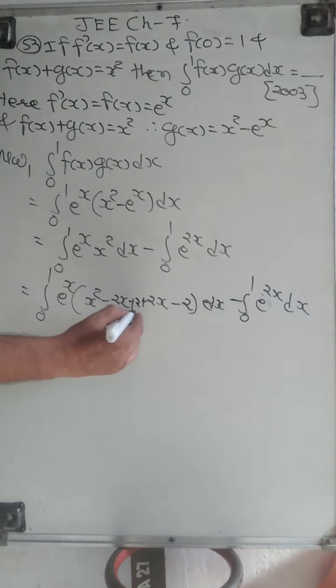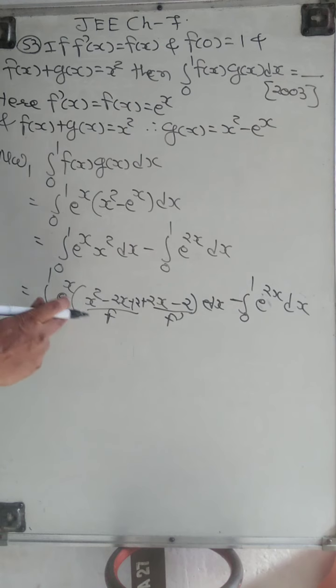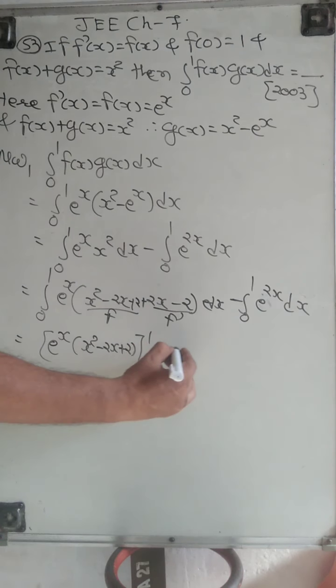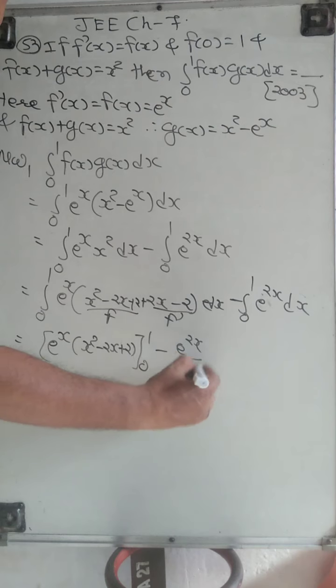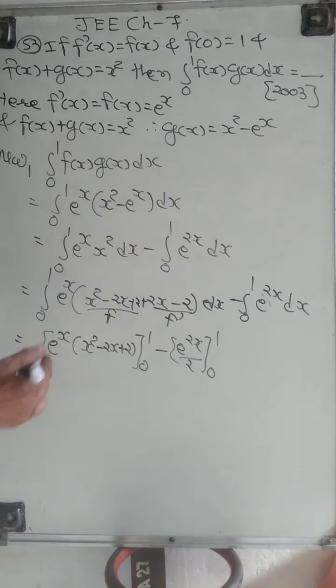So we have, this is function and this is its derivative, right? So here we directly put e raised to x into (x square minus 2x plus 2), 0 to 1, minus e raised to 2x by 2, 0 to 1. Now we put 1. So we have e into 1, 3 minus 2 means 1.